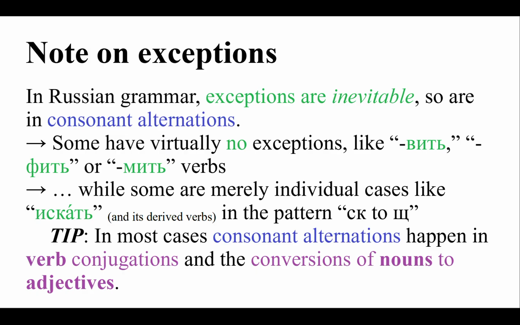You see litso to lichny, ruka to ruchny, something like that. Kniga to knizhny. You see that it's very common because you could encounter this kind of relative adjective far more commonly in Russian than in English. So you need to get used to this kind of environment.